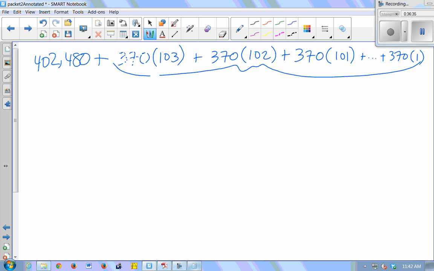Okay, so if I take this sum and I write it backwards and forwards, that's going to be my little trick. I've written it forwards here. Now I'm going to write it backwards.